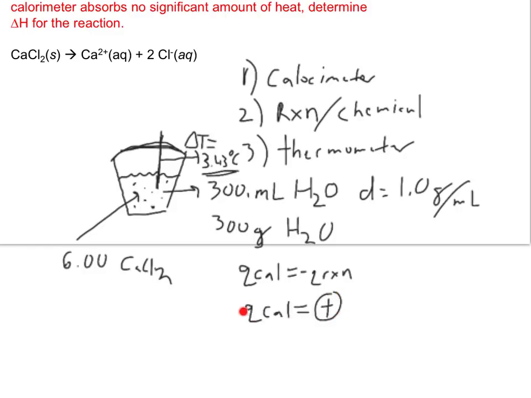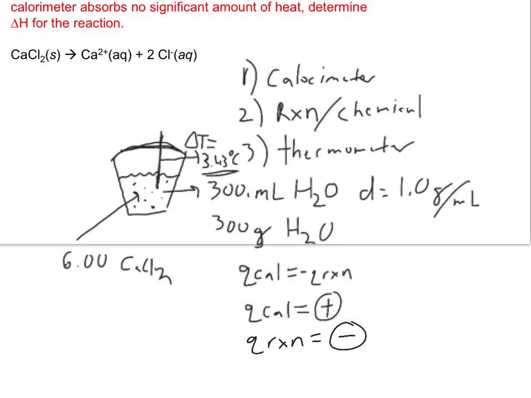You determine that first, which means that the Q of the reaction, the calcium chloride dissolving in water, must be negative. It's going to be equal in magnitude, but opposite in sign. So by doing that first, we've got an idea of what the signs need to be.